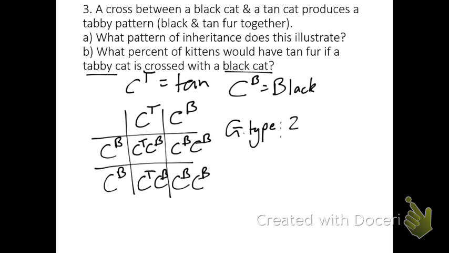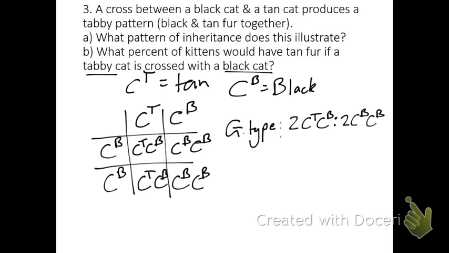I have 2 of these CT for every 2 black cats. So 2 tabbies, so 2 heterozygous to every 2 homozygous black. Okay, now what percentage of kittens would have a tan fur? Well, remember, to have tan, so I'm going to write this out as an answer.